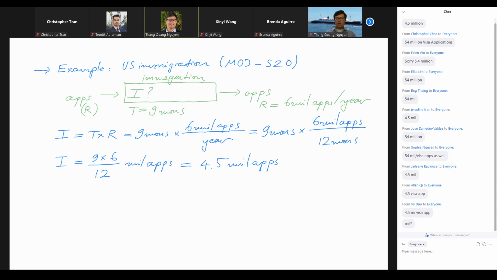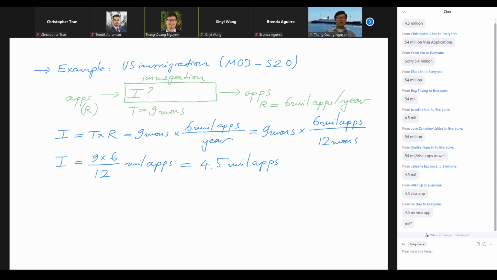And then somebody gives you this number. On average, we have 4.5 million applications on our desk. And you know that the number from last year is 4.0 million. Last year is only 4.0 million applications, but this year on average, we're going to have 4.5 million applications under review.